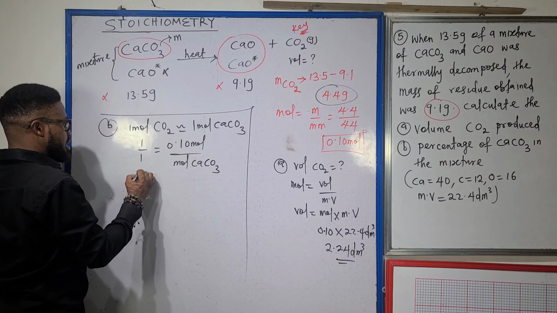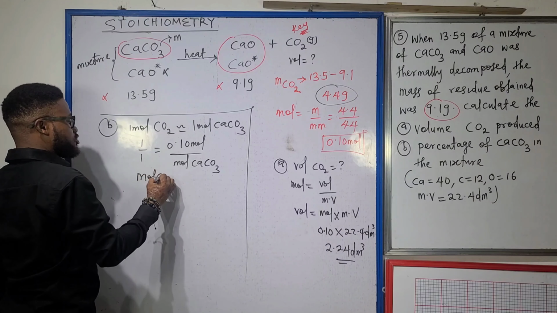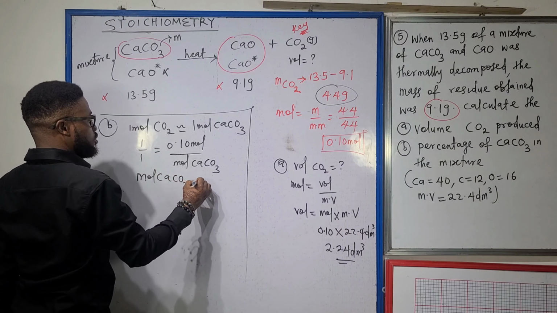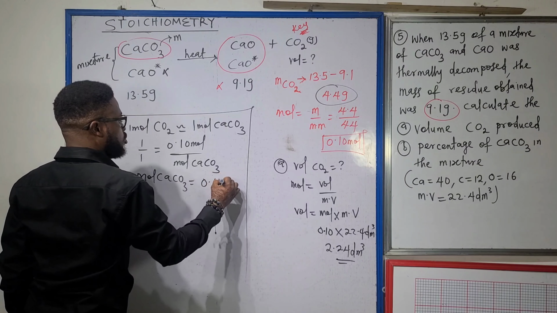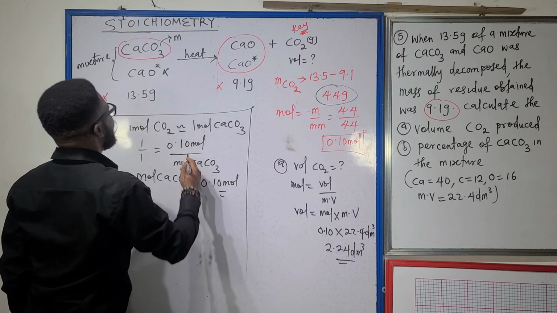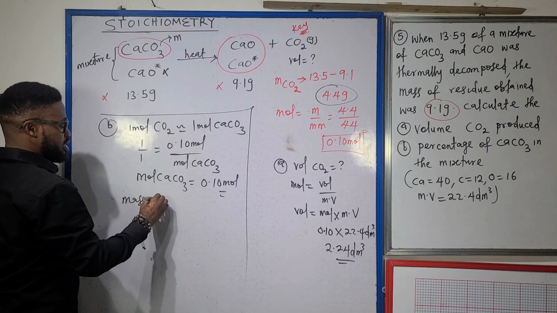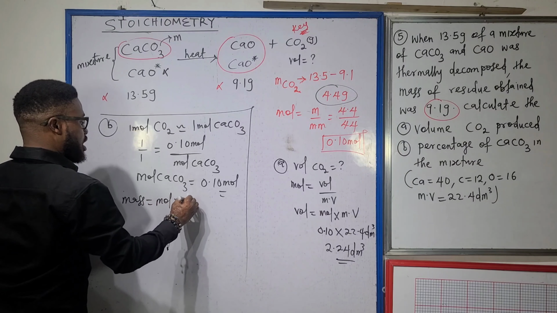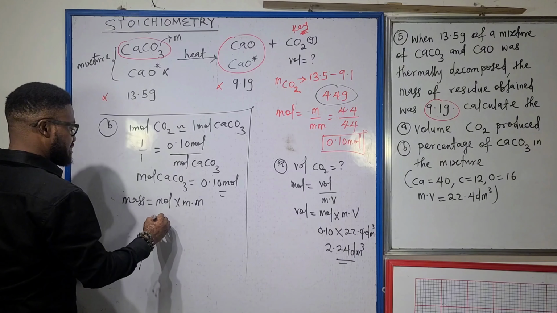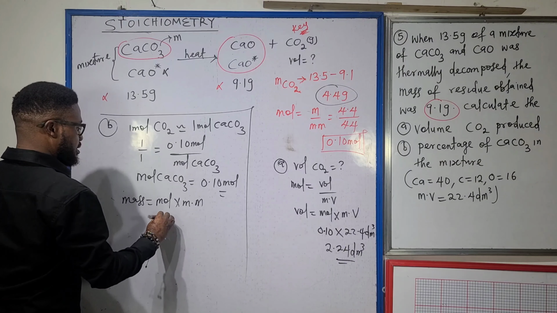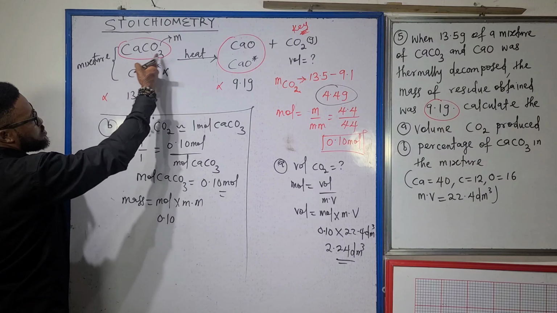So in this case, mole of calcium carbonate will be 0.10 mole as well. Now that I have the mole of calcium carbonate, I can convert that to mass. Mass is mole times molar mass, and in this case 0.10. What is the molar mass of calcium carbonate?